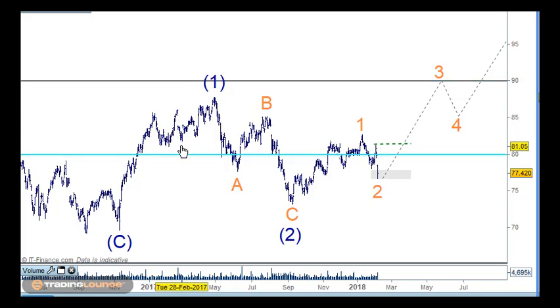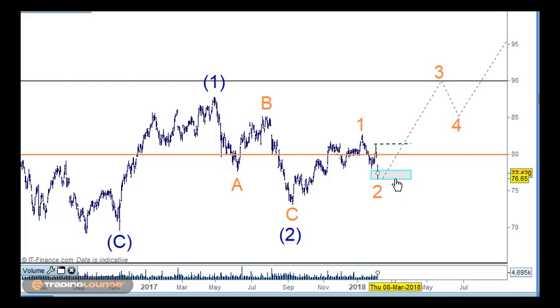That's an A and a B and a C here, then 1 and 2 and 3, A, B, C for 4 and 5 for wave 1, and A and a B and a C for wave 2 here. It's wave 2 here, and then we've got wave 1, an A and a B and a C for wave 2, pulling back into the 61.8% mark here.